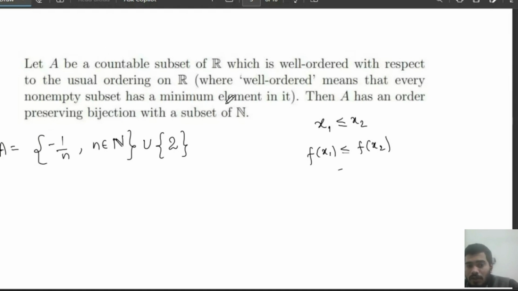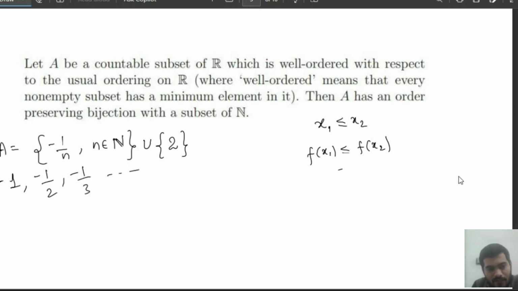Is it possible to define an order preserving bijection with a subset of N? No. Why? If it is order preserving, what is the least element of A? Can somebody tell first? Which is the minimum element of A? -1, right? And then minus half, and then minus 1/3, and it will go on.